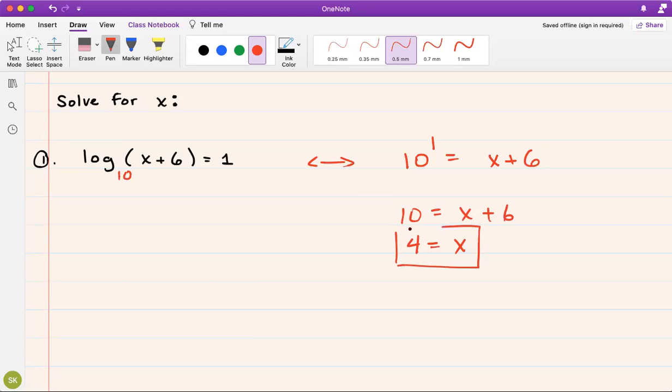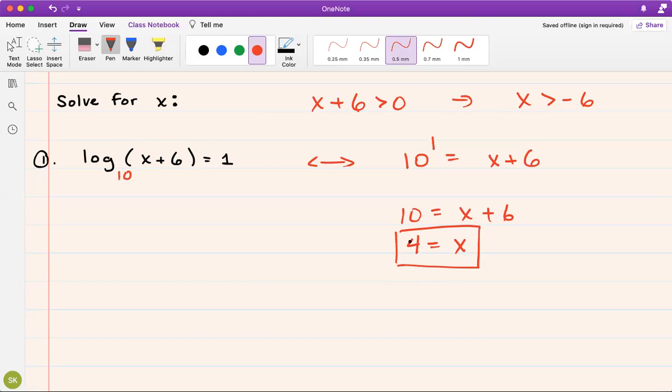Now, you should always double check when you're dealing with logs. Remember that whatever you put inside of a logarithm, this x plus 6, it has to be greater than 0. So x has to be greater than negative 6, which our answer was 4, which is greater than negative 6, so we don't have to worry about it.